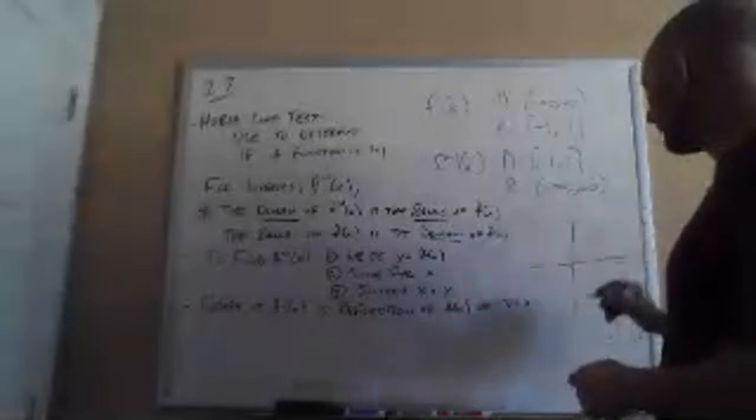And then lastly, when we were doing transformations of graphs, we had things reflecting on the y-axis and things reflecting on the x-axis. The inverse functions reflect on y equals x. So that's our 45-degree line on the graph.